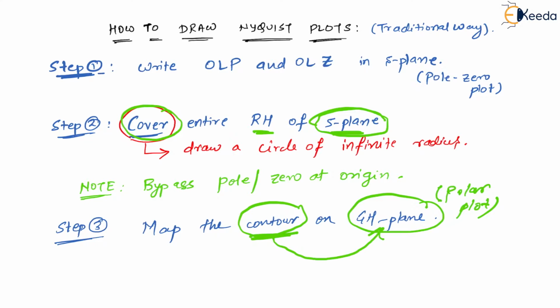See dear, before that example, let me just ensure you about one thing. You may ask me, sir, why are we interested in the right hand side of S plane? Why? Because right hand side only gives you instability, if you remember, right?